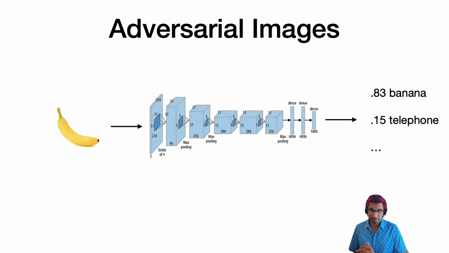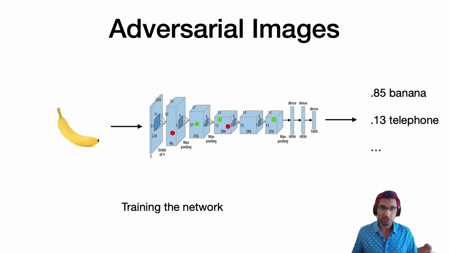If you're the person who's training the network, what you do is you look at this and you say, well, I want to tweak a few of the neurons inside, maybe raise a few, lower a few, in a way that makes it slightly more confident that this is a banana, because that's what it should be saying.